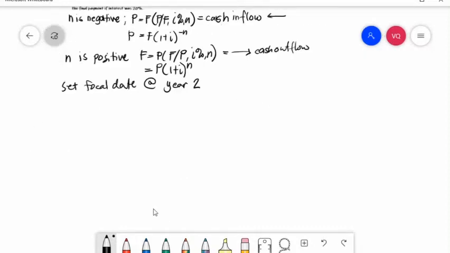We will now draw the cash flow diagram. So our x-axis is the period 1, 2, 3, 4, and 5. So this is 0. 1, 2, 3, 4, and 5. Here we have the 1 million.